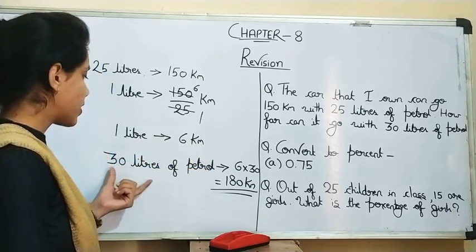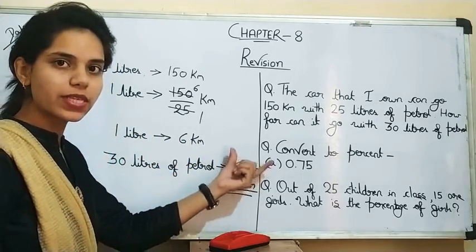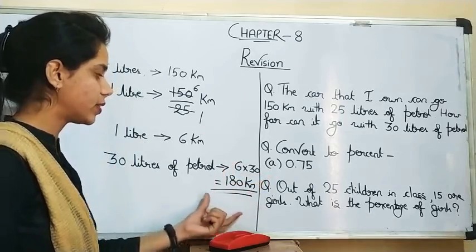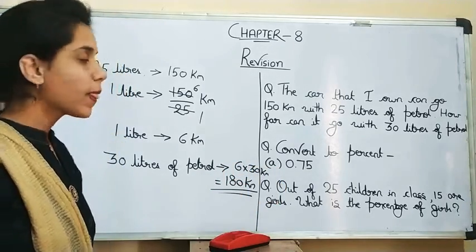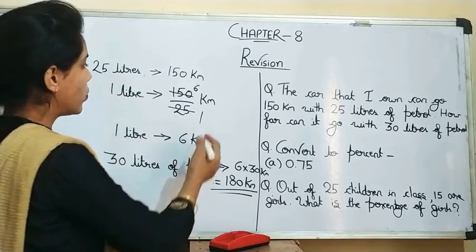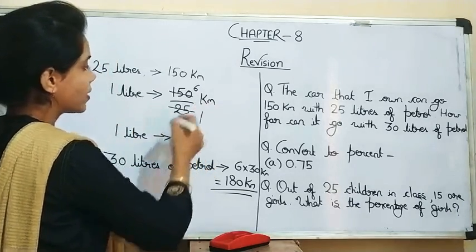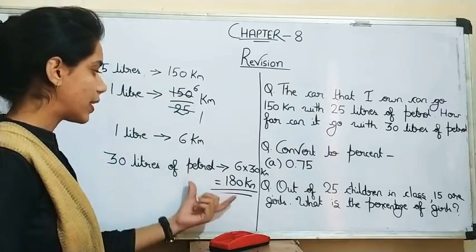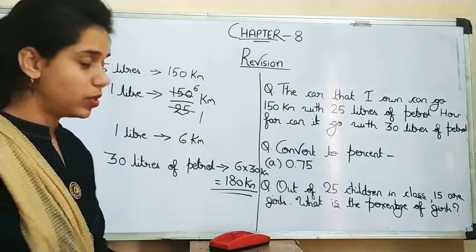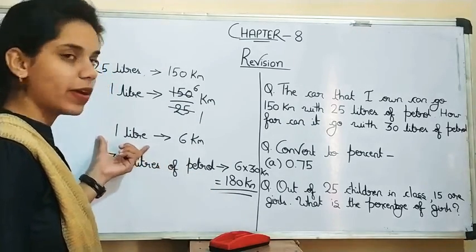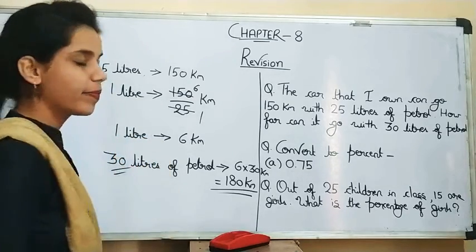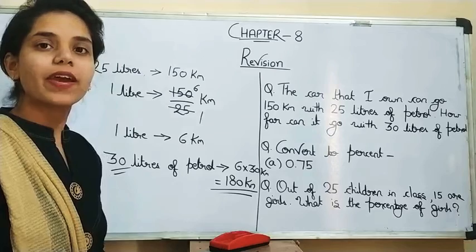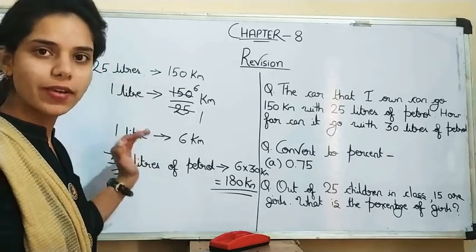So with 30 liters of petrol, the car can go 6 multiplied by 30 kilometers. So 180 kilometers will be our answer. Or you can also do it directly by multiplying by 30, and you will get the same answer. So first of all, find it for 1, and you will get the answer for a bigger number. If any question is given to you, first find for 1.